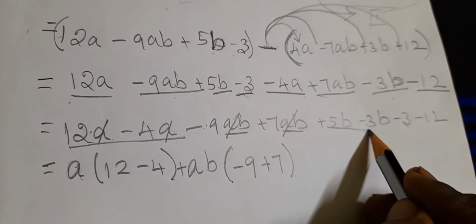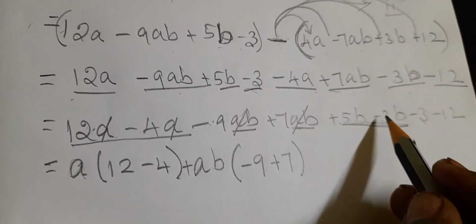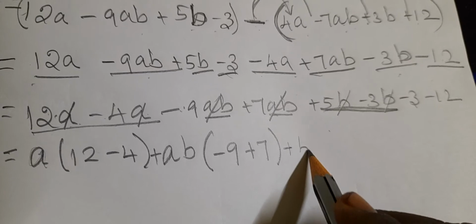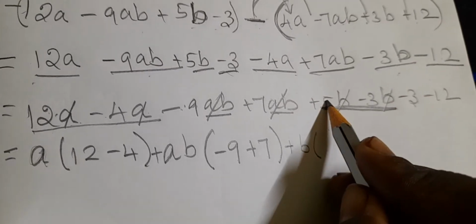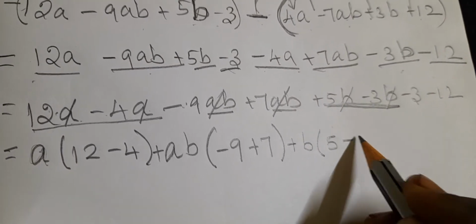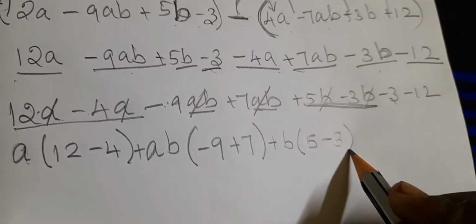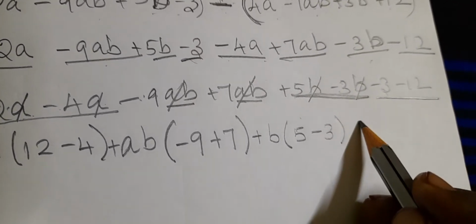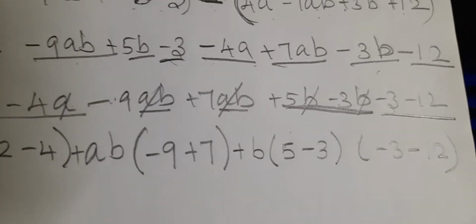Now let us simplify the b terms. Write b as a common term, then the number within the bracket is 5 minus 3. Next, there is only a constant term, that is minus 3 minus 12.